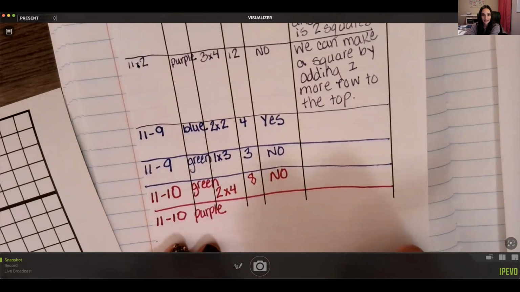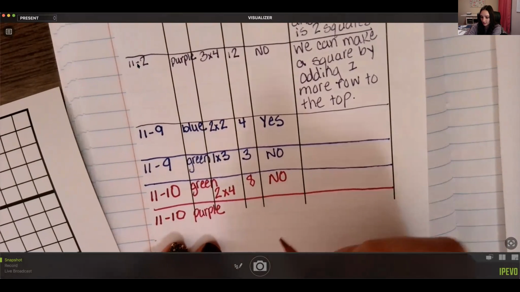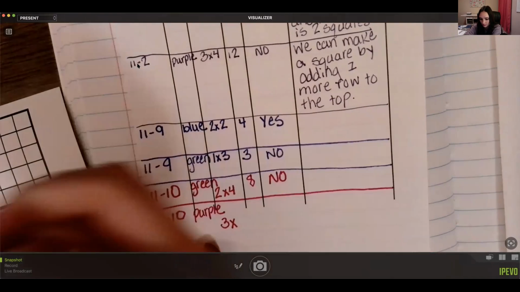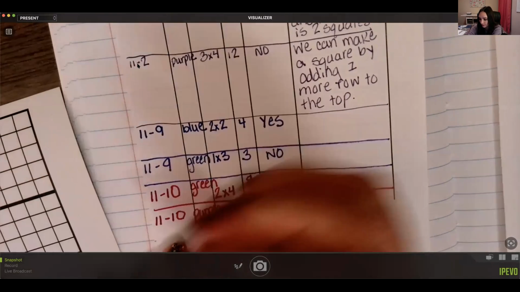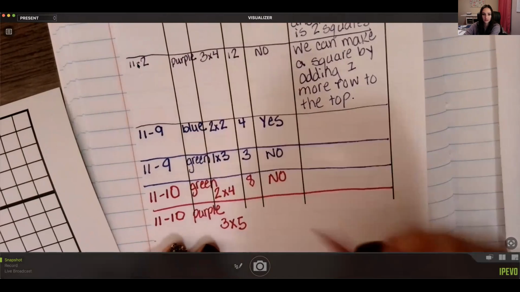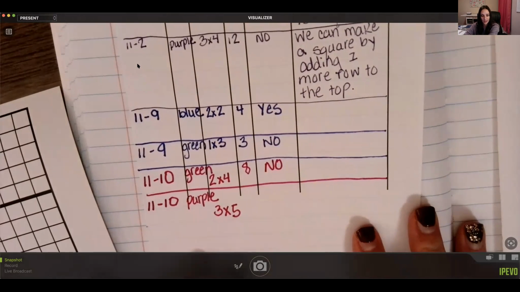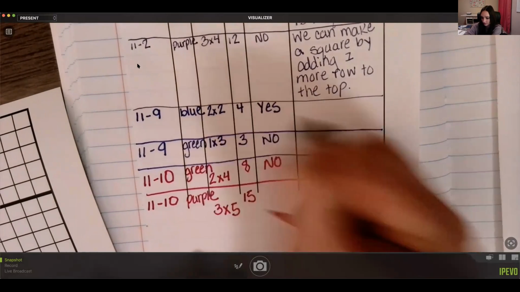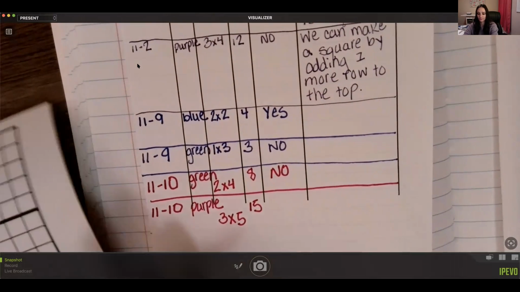Okay. And then our equation is going to be 3 times, let's see, 1, 2, 3, 4, 5. Okay. And then our area, 3 times 5 is 15. Okay.